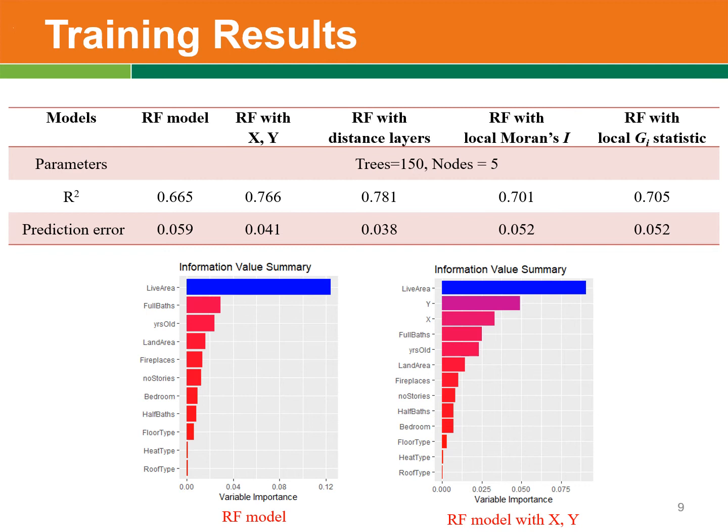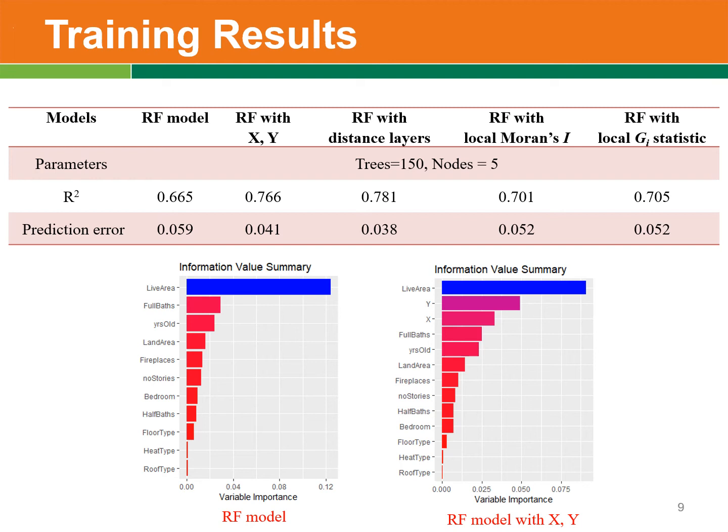These two plots show the importance of the included covariates. The left-hand side one is for the random forest model, and we can see the most important variable is living area, which is substantially more critical than the second most important variable, number of bedrooms.